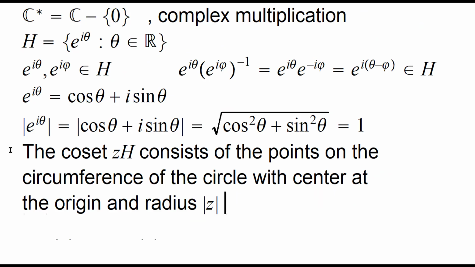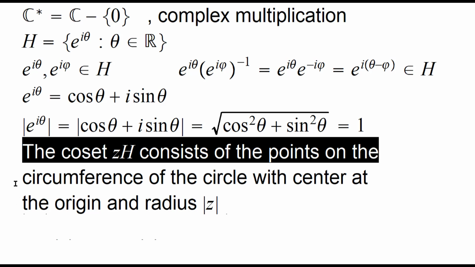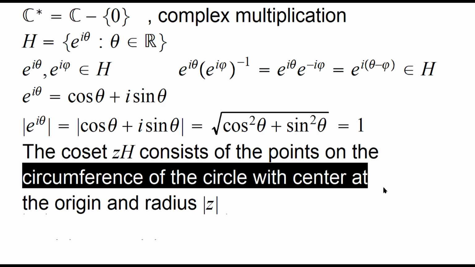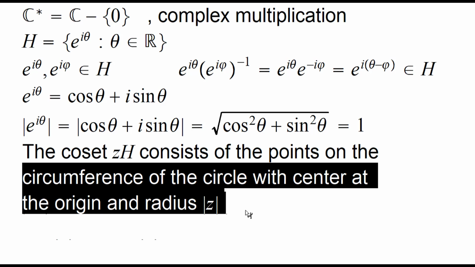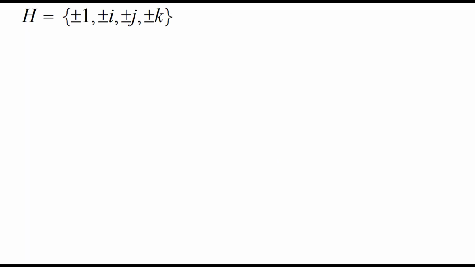So here we can say that the coset zH consists of the points on the circumference of the circle with center at the origin and radius the modulus of z, and of course z is a non-zero element of the set of complex numbers.